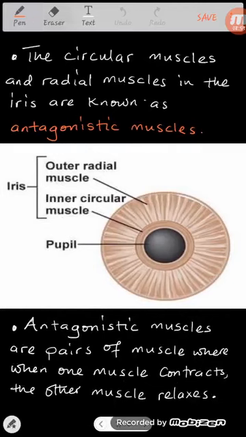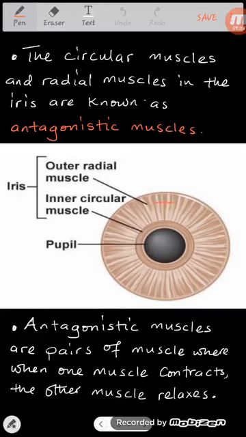Now, when you're looking at the iris under the microscope, this is what you are going to see. But before we go to that, you must understand that the saccular muscles and the radial muscles in the iris are known as the antagonistic muscles. I've already explained this particular point.